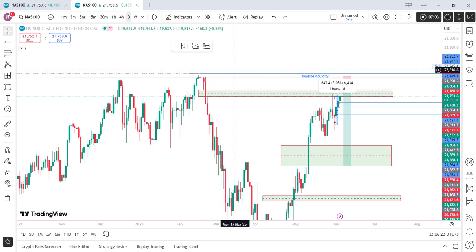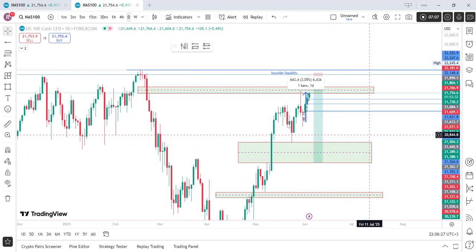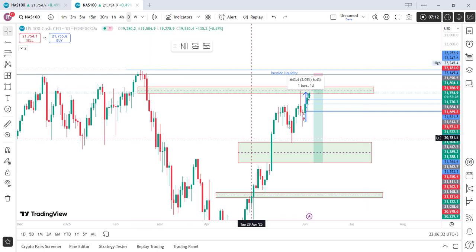They're waiting for price to come here, then they can sell down. So that's how that previous month high can be used.